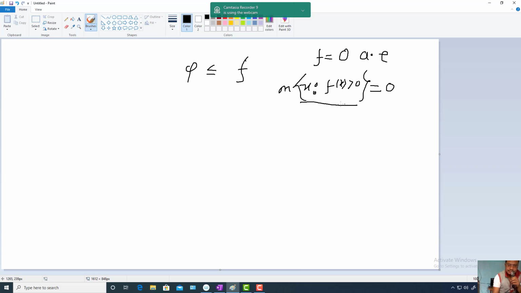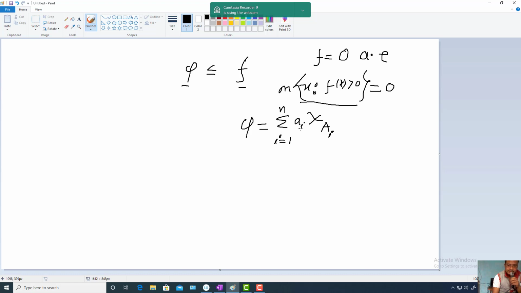But phi is a simple function, and you know how you can write phi. Phi is equal to the summation, i running from 1 to n, of a_i times chi of A_i. This is the definition of a simple measurable function. So this phi is less than or equal to f, but f is equal to 0 almost everywhere.